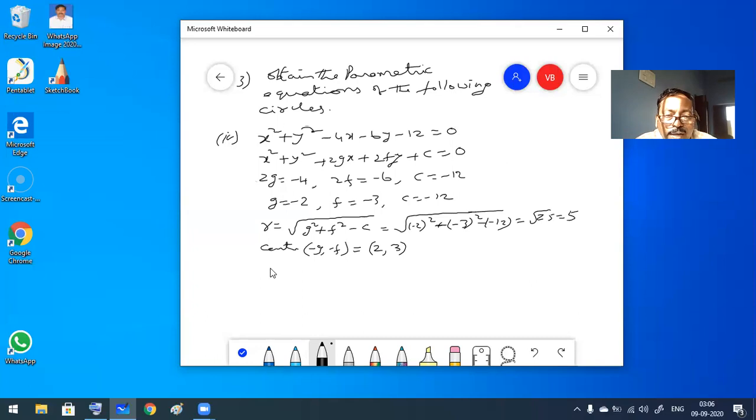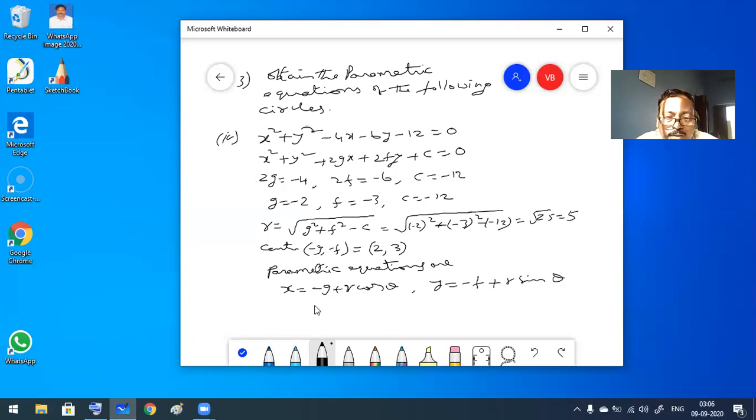Therefore the parametric equations are x is equal to minus g plus r cos theta, y is equal to minus f plus r sin theta.